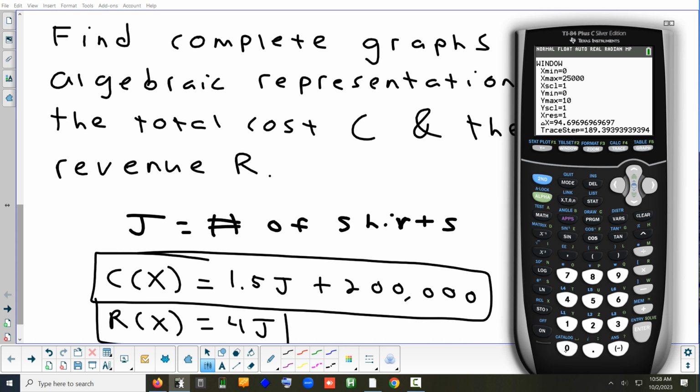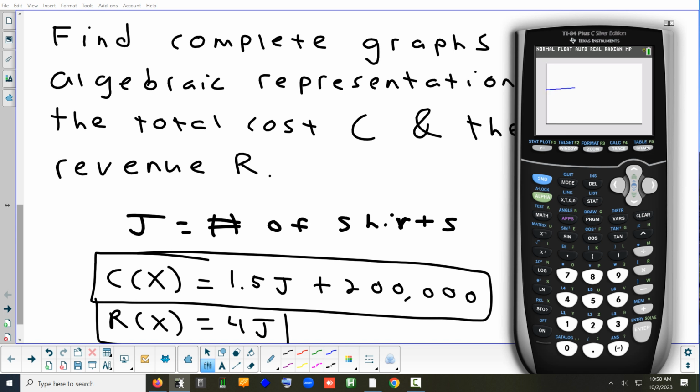So we do need to go as low as 0, but the minimum cost is 200,000. So we need to go at least to 200,000 on the Y max, and then the slope is positive, so it's only going to go up from there. So maybe we could go like 350,000.